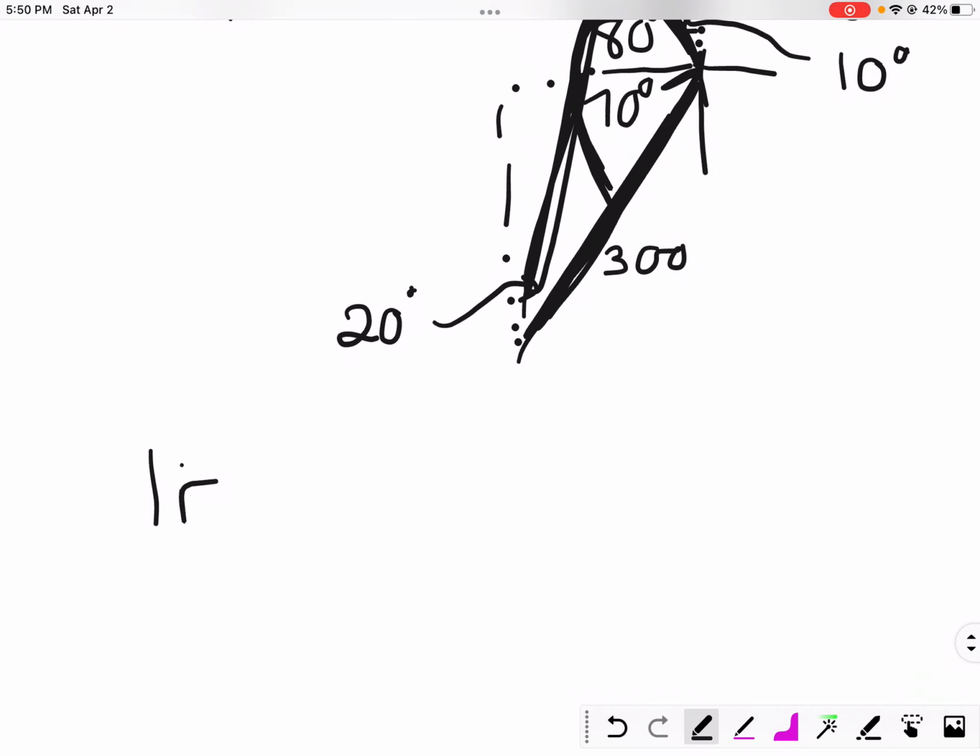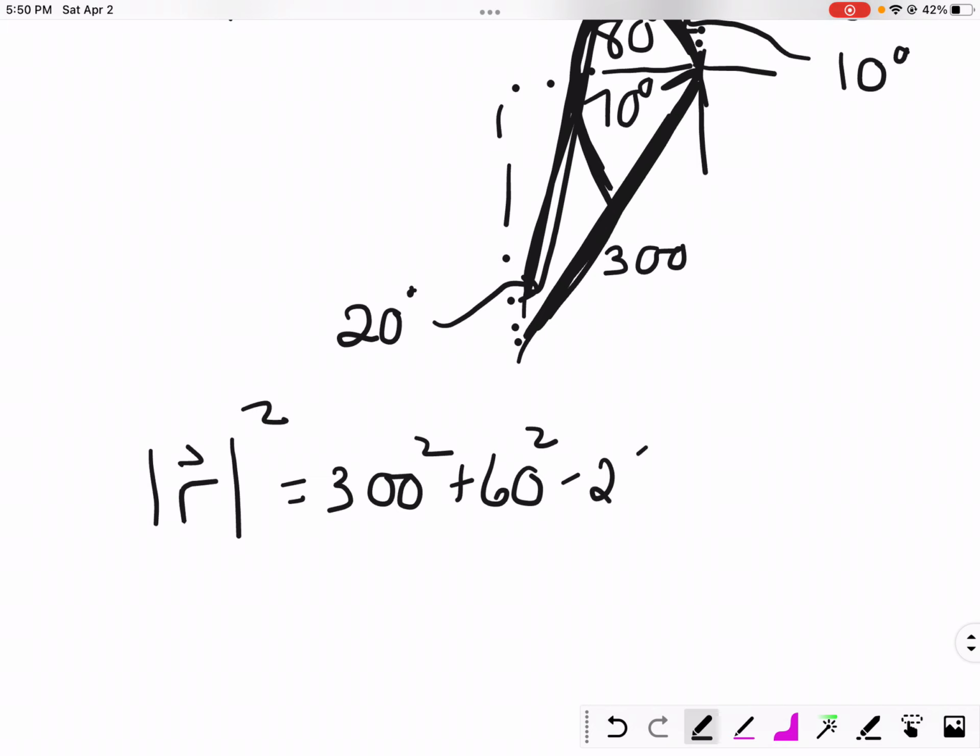We're going to call that magnitude of r, and that squared is 300 squared plus 60 squared minus 2 times 300 times 60 cosine of 150.